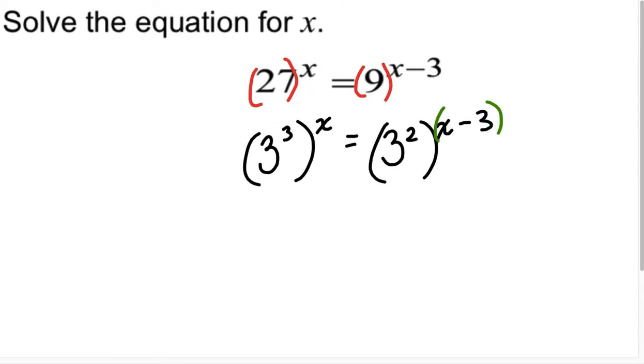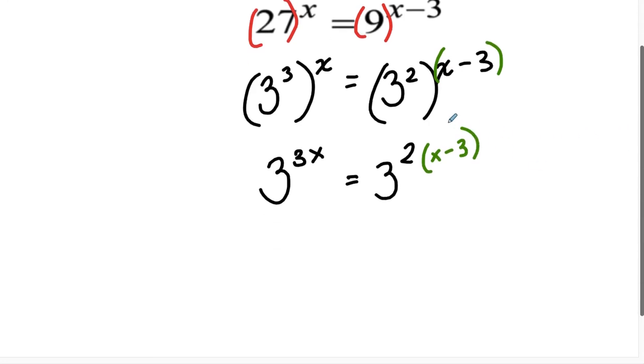So I'm going to simplify this as 3 to the power of 3x, and this as 3 to the power of 2 times the group of x minus 3. Why that's important is because you have to use the distributive property. So technically this is 3 to the power of 3x, and this is 3 to the power of 2x minus 6, not just 2x minus 3.